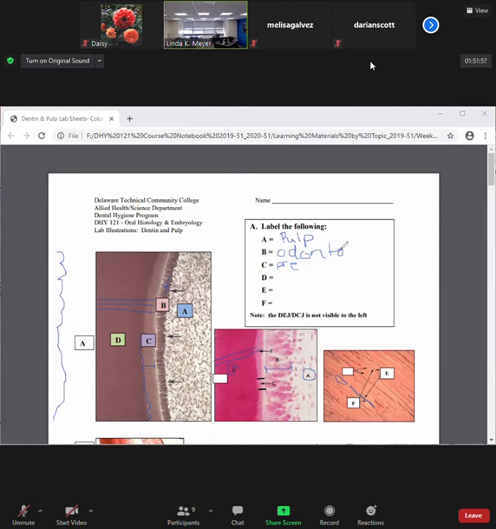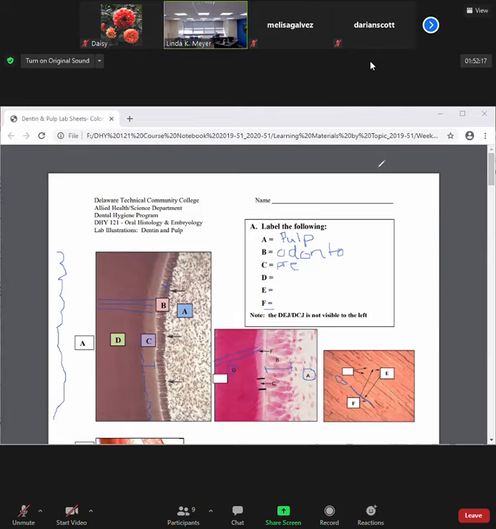So A is pulp, B odontoblast, C predentin, D dentin, E odontoblastic process, F is the tubule. Okay, so we can see tubules on decalcified sections.